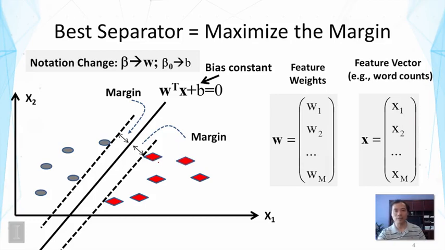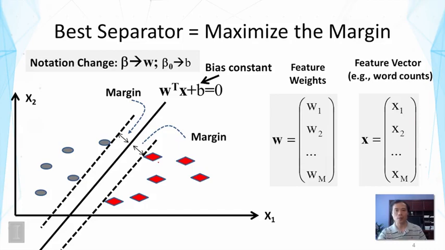And you can verify that when we multiply these two vectors together, take the dot product, we get the same form of the linear separator as you have seen before. It's just a different way of representing this. I use this way so that it's more consistent with the notation people usually use when they talk about SVM. This way you can better connect the slides with other readings you might do.